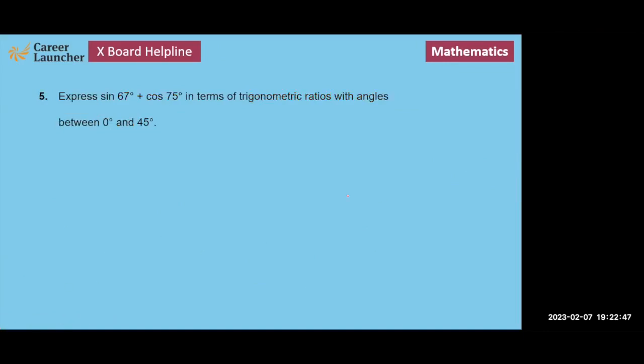So what would be the value? It is simple. We want to write everything in terms of angles between 0 and 45. So sine 67 can be written as cos of 90 minus 67, which is equal to cos of 23 degrees.